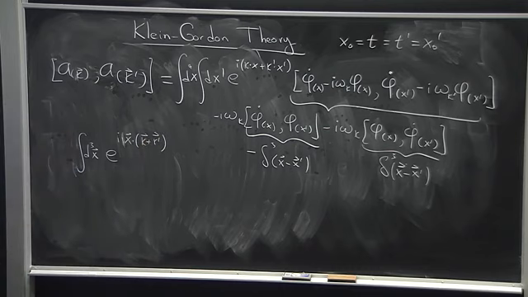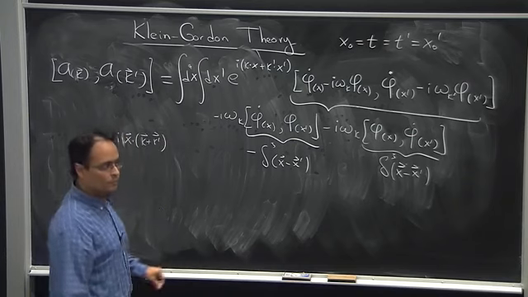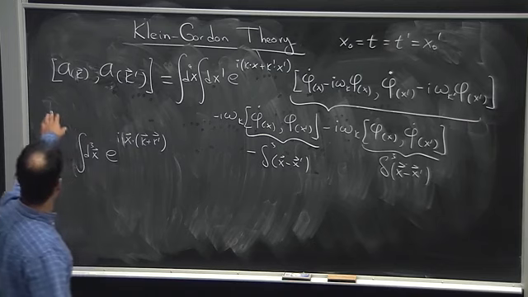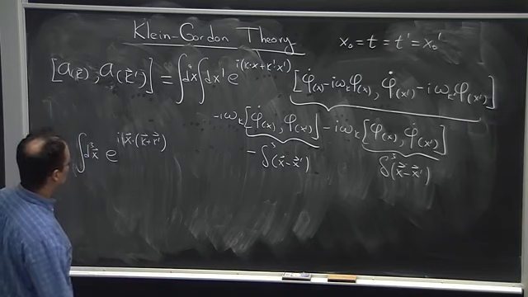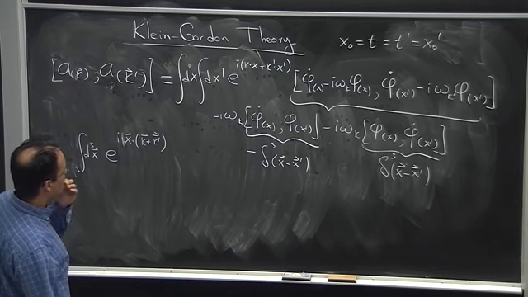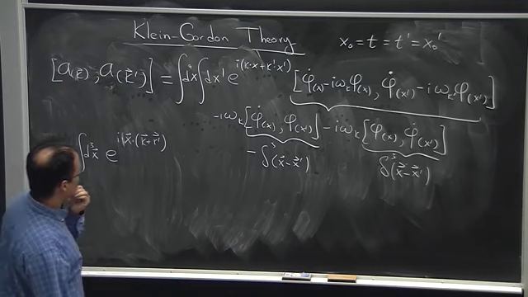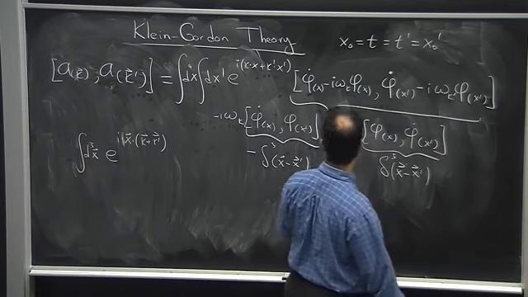Sorry? You want the dagger, a dagger, or just? No, I'm doing A_k with A_k. So here you can use the commutators and they just differ by a sign. The first one should be omega prime. Yes, one of them is omega k and the other omega prime.